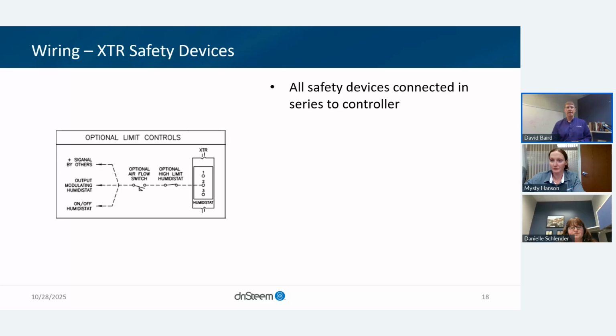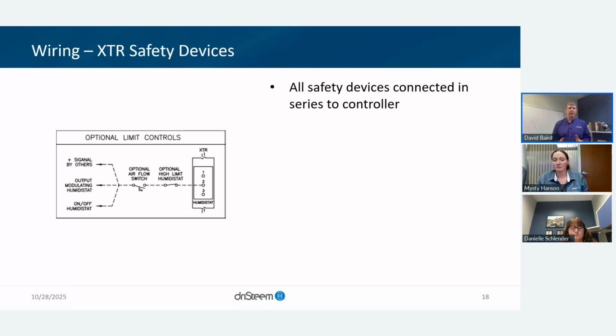For the XTR, all the safeties are done in series. It's an on-off device. Remember, we're getting a control signal from others. There's a requirement for moisture, and, oh, there's no airflow, therefore the signal doesn't even make it to the controller. Or the high limit is set too high, it doesn't allow it to run.